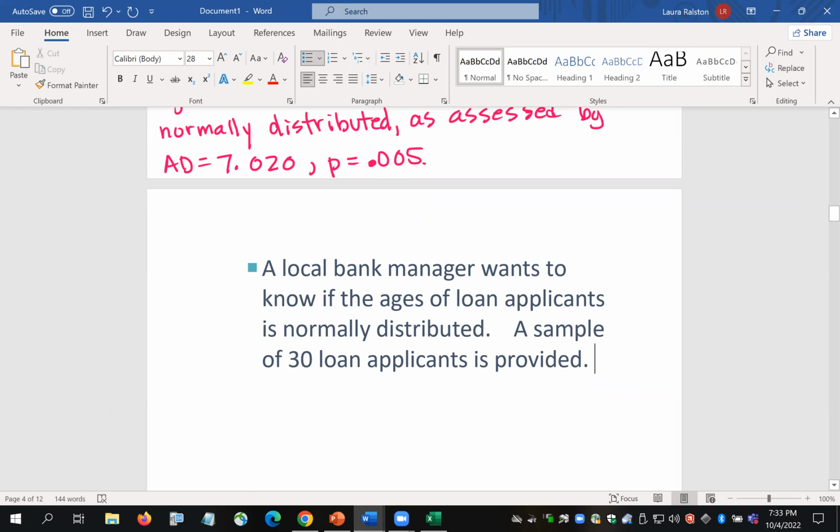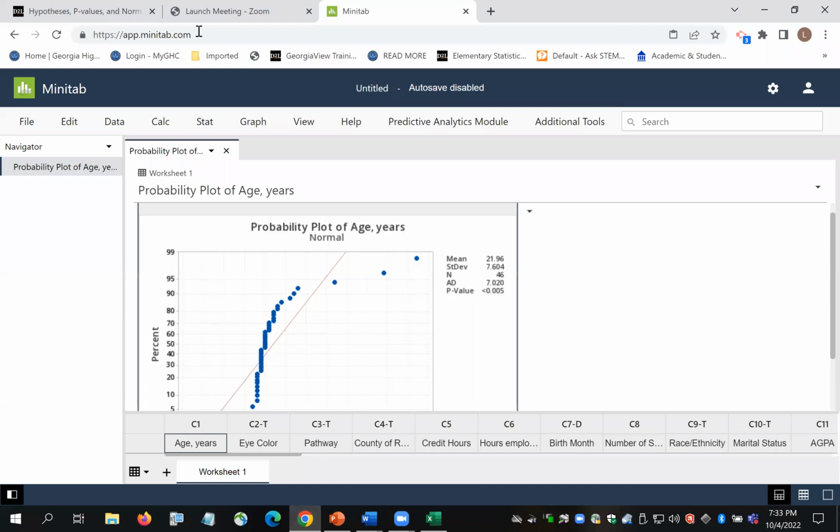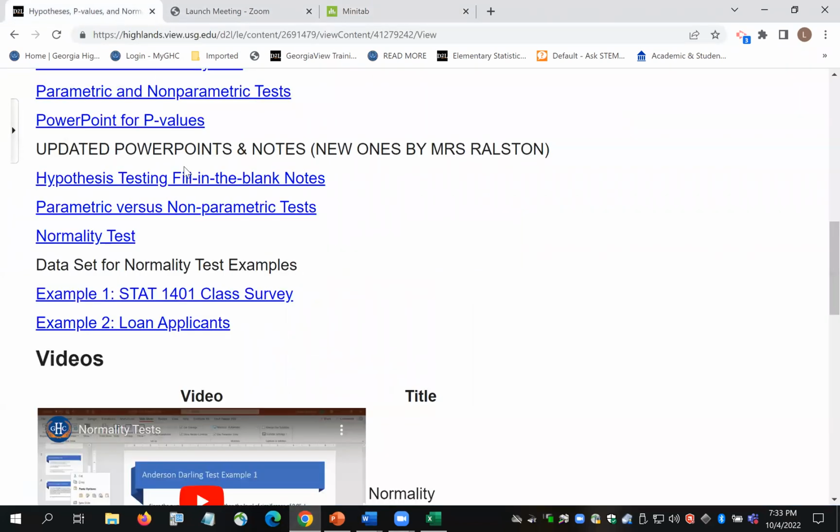And again, I forgot to give you the level of significance. So let's use 0.05 level of significance. Again, if it's not given, that's generally the rule of thumb. Again, the data was not given there with the question, but it is in D2L. Example 2, loan applicants.